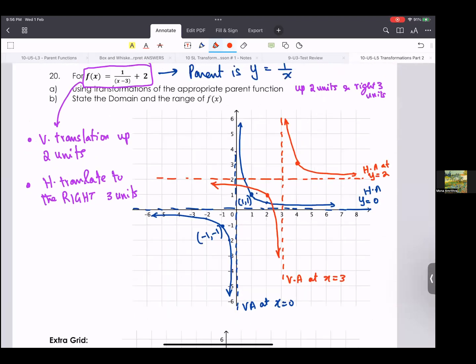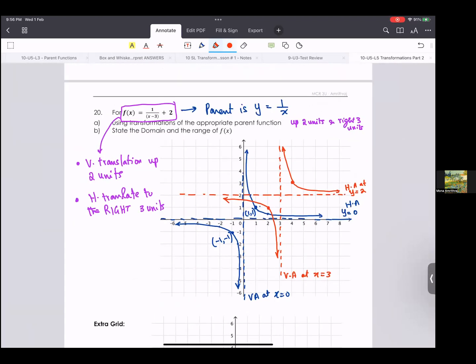Now, part B to this question: the domain and range. The domain of f is defined for x such that x is not equal to, what value does x never take? It never takes 3.